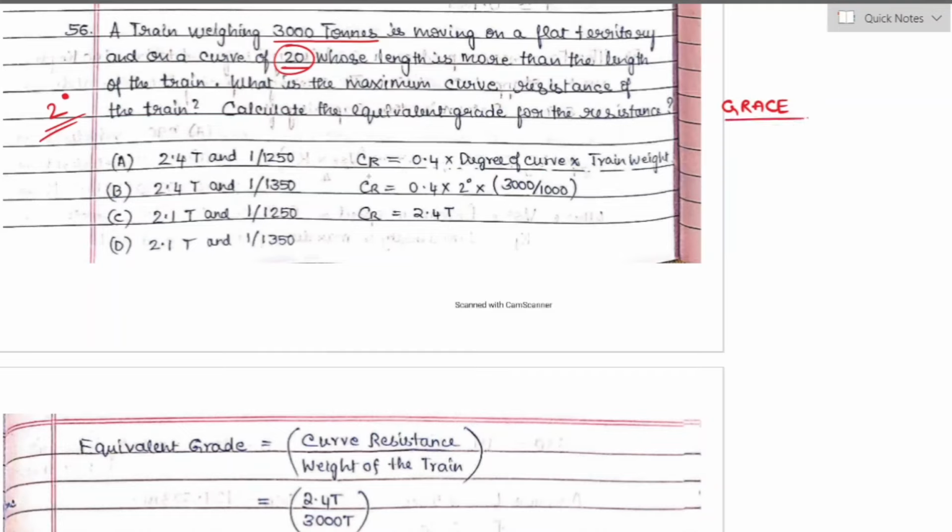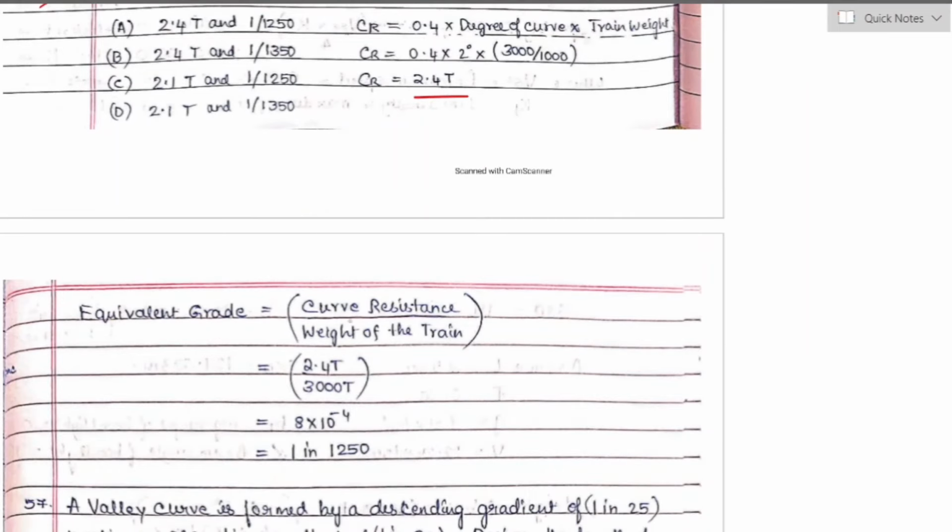Assuming the value of degree of curve as 2 degree, let us calculate the curve resistance, which is given by the formula 0.4 into degree of the curve into train weight. Substituting the given values, the curve resistance will be 2.4 tons. Now let's calculate the equivalent grade, which is given by the ratio of curve resistance divided by the weight of the train. Curve resistance, as we have calculated earlier, is 2.4 tons.